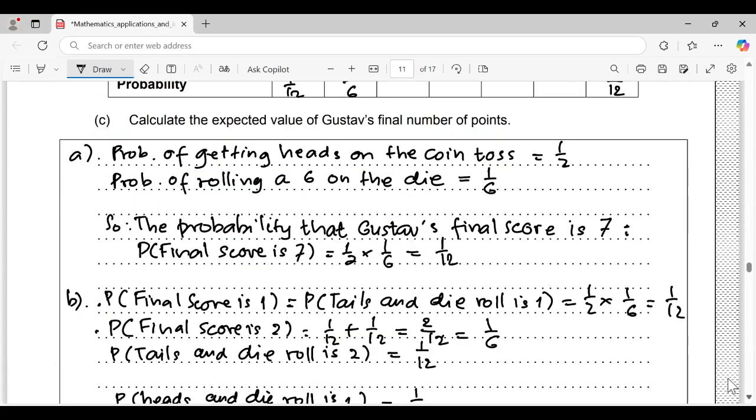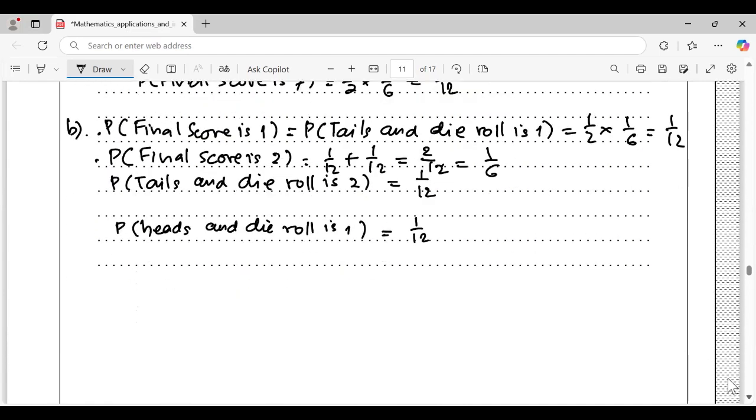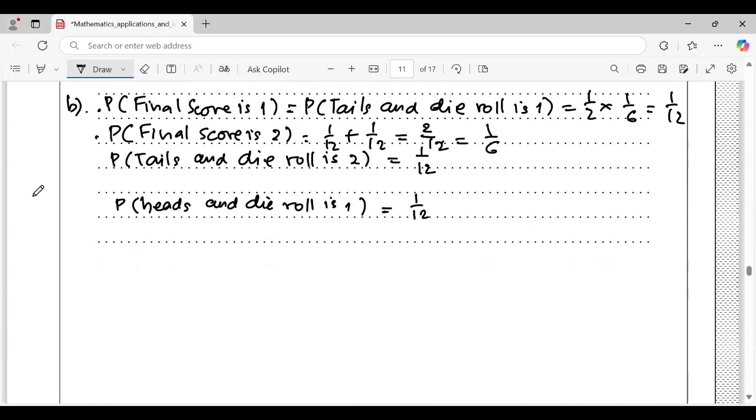Next probability final score is 3, I mean. The probability final score is 3.